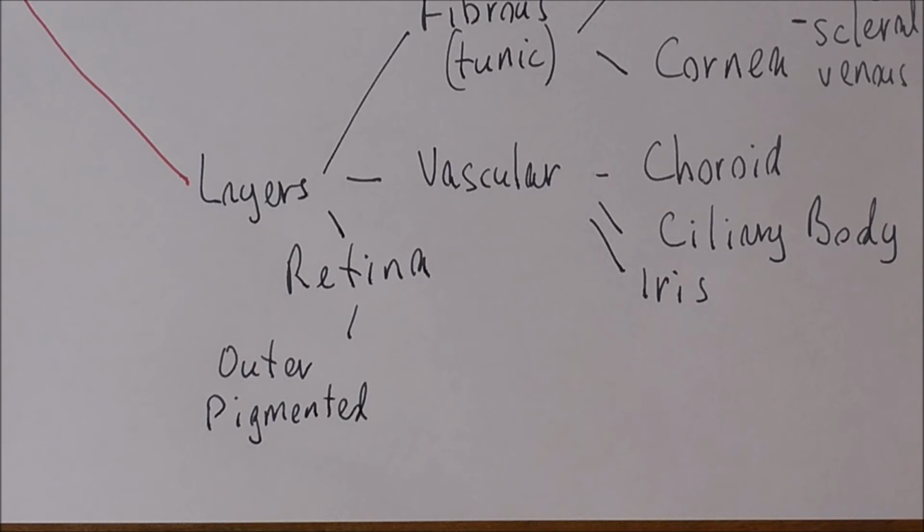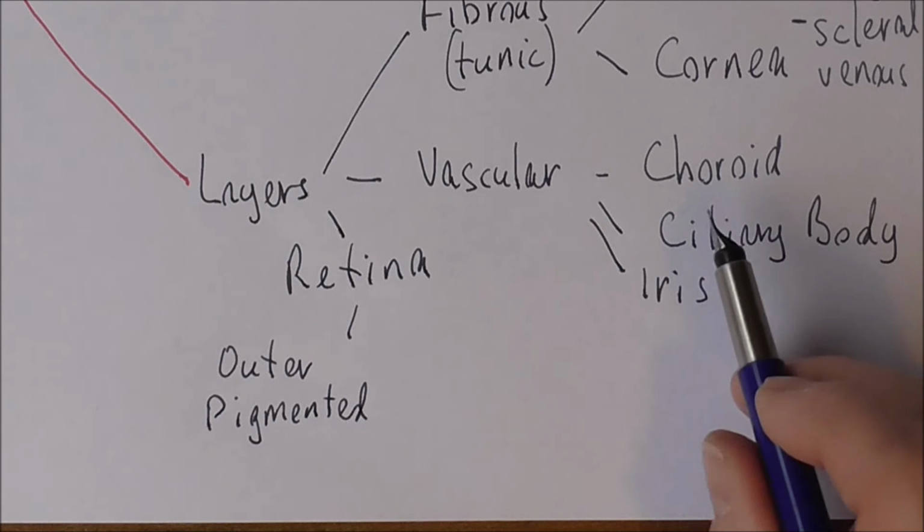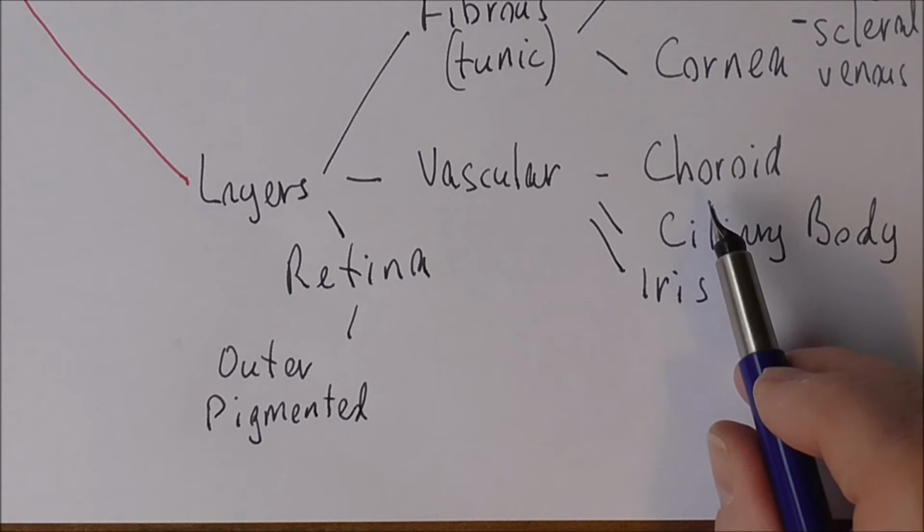We don't want them reflecting inside the eyeball, because that could generate additional false images. And it would make vision very glary if that were the case. So there's an outer pigmented layer, and that is immediately on top of the choroid, the vascular layer.